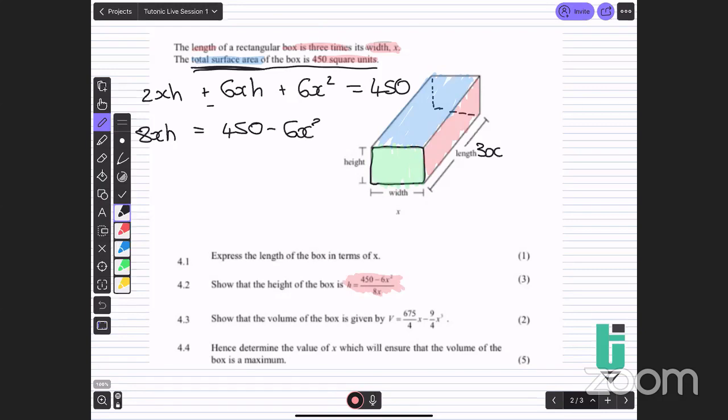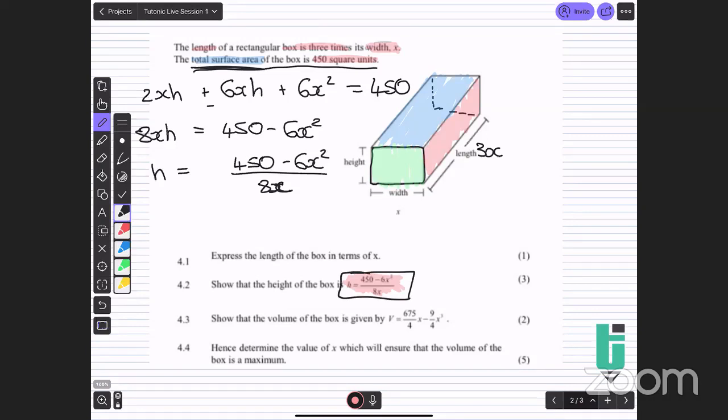And then what does that mean for h? h equals 450 minus 6x squared over 8x. Do you guys see that? It's right there.